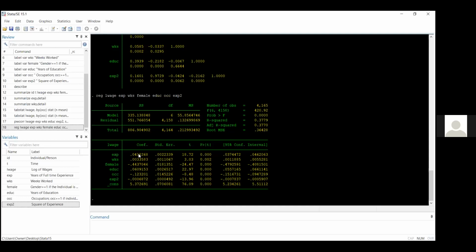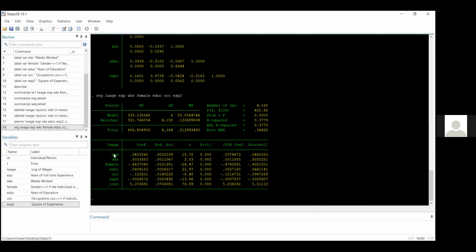Means an additional year of experience is associated with 0.04, which is about a 4% increase, because it is positive, in wages for those workers. I am using a percentage here because the dependent variable is in logs, while the independent variable is in levels.